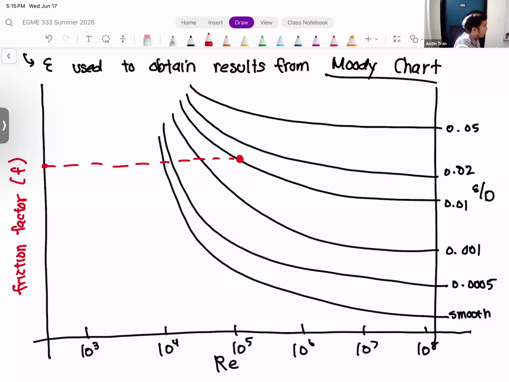There are numbers and tick marks on that vertical axis that tell you what the friction factor is. The goal of the Moody chart is to obtain the friction factor for your particular pipe example, once we have everything from the problem.